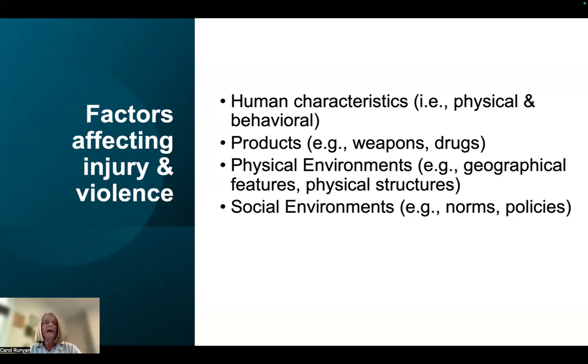For example, in the case of injury, we're talking about weapons, drugs, vehicles, toys, different things that might be modifiable, but that affect whether an injury can occur, as well as the physical environments, geographical features and physical structures in which injuries take place, as well as the social environment, which includes things like social norms in that particular culture and any policies in place or that are trying to be put in place.